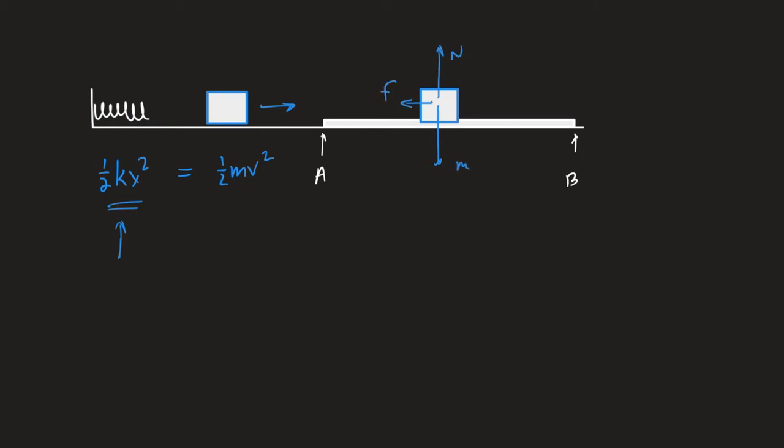And eventually the box will make it to here, where it may or may not have kinetic energy still. It's on level ground though, so there's the possibility that when it makes it all the way to B, let me make sure it makes it all the way there, it may or may not have kinetic energy 1/2 mvb squared, and I'll put VA squared there. Everybody good so far? Following this?